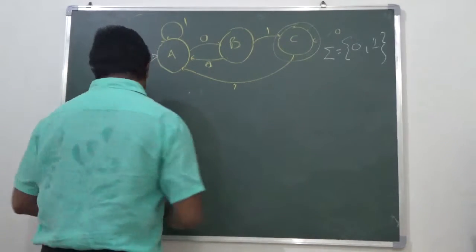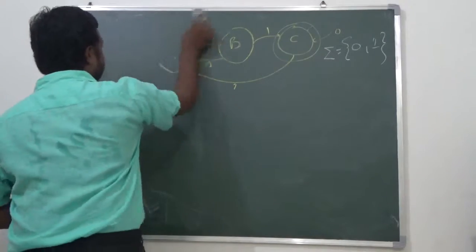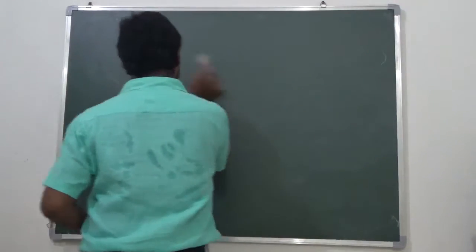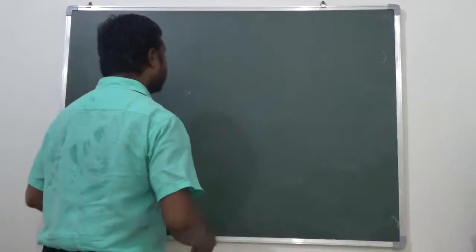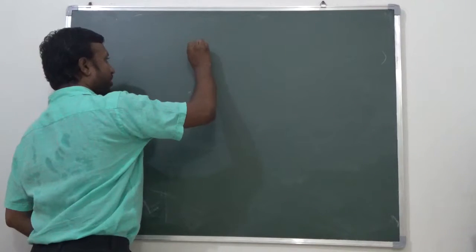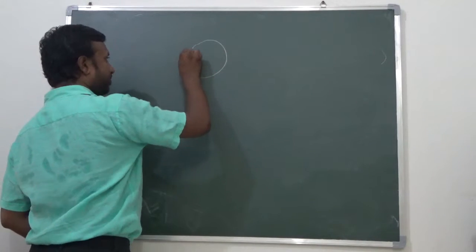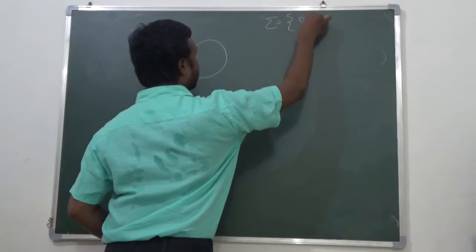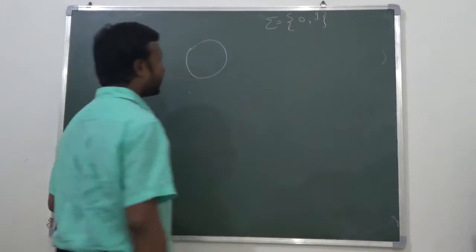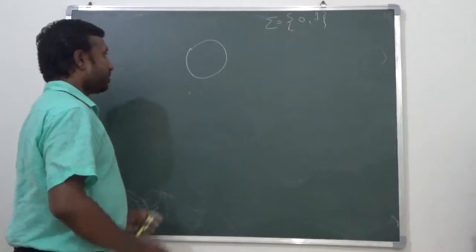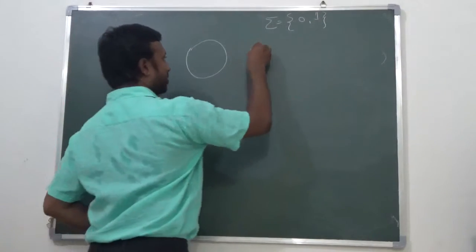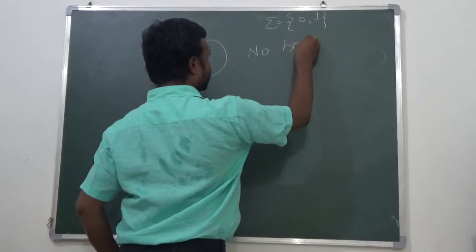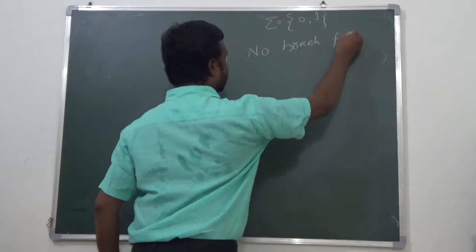So what is the main characteristic of non-deterministic finite automata? If sigma is 0 or 1, then there are various possibilities. One, there is no branch for any symbol.